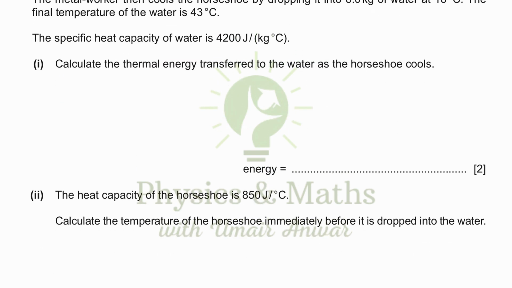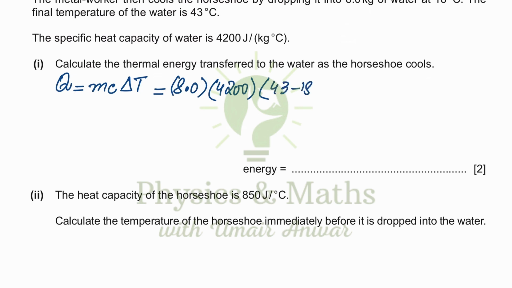Now the energy transfers formula is Q is equal to mc delta T. The mass of the water here is 8.0 kilograms. The specific heat capacity for water is given to be 4200, and the change in temperature taking place is 43 minus 18. Initially, the water was at 18 degrees centigrade and then its temperature raised to 43 degrees centigrade.